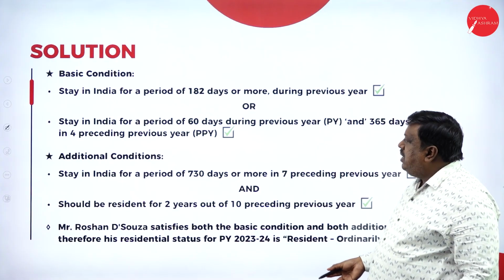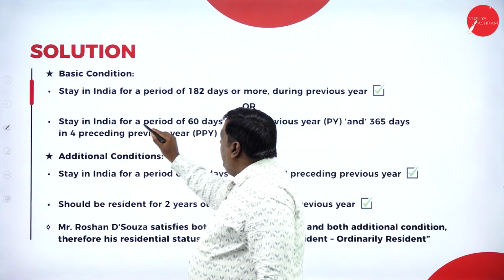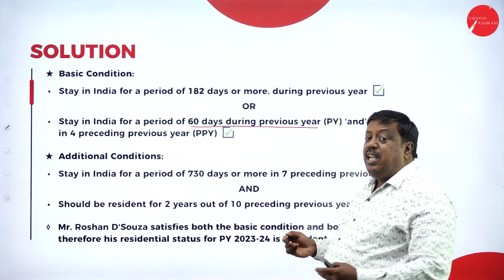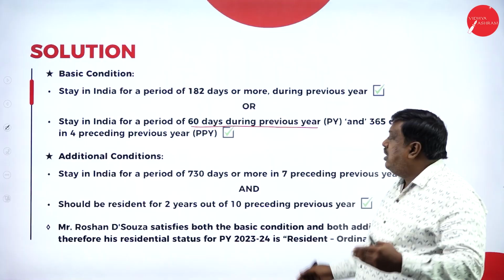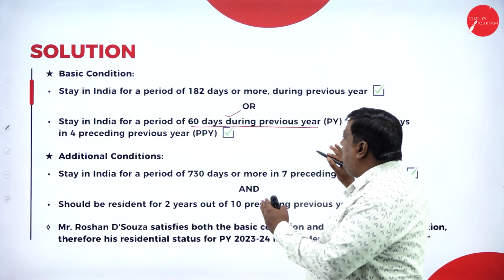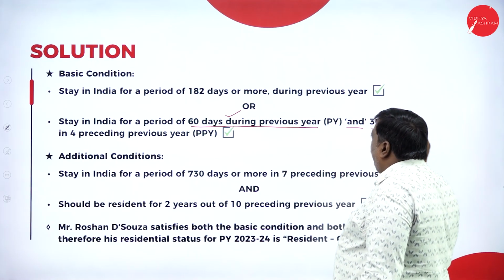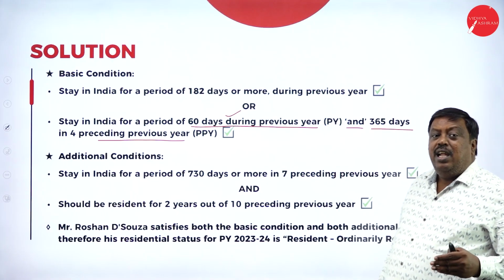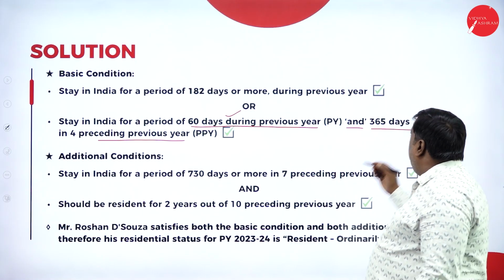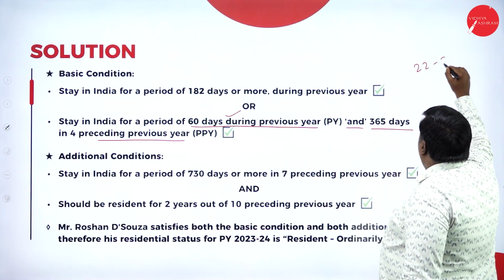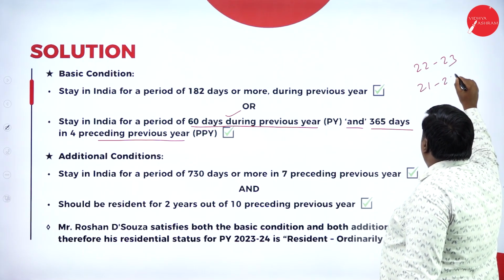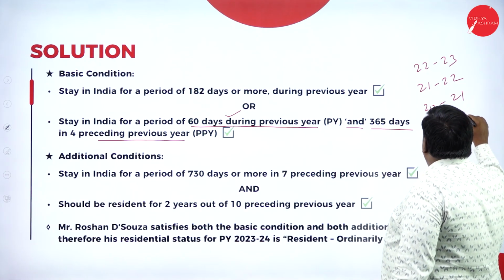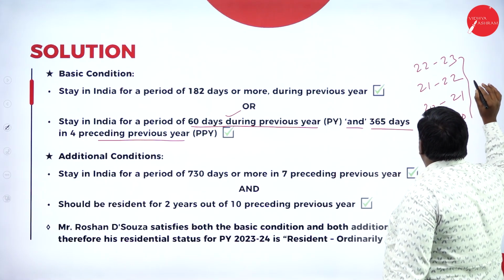What is my second basic condition? Stay in India for a period of 60 days during the previous year. But I have stayed in India for more than that, 277 days. So I've satisfied half of the basic condition. And 365 days in 4 preceding previous years. I left India only during 2023-24, so in 2022-23, 21-22, 20-21 and 19-20, all these 4 years I was in India only.